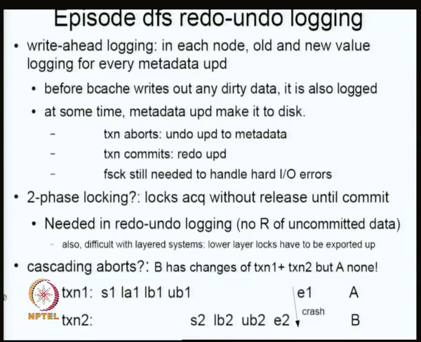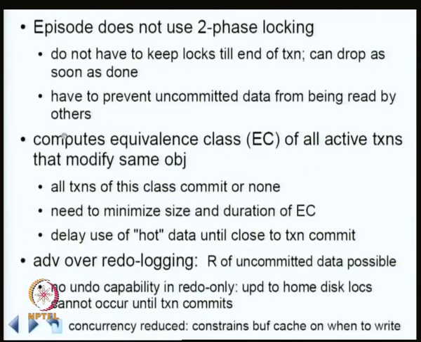Now it turns out Episode does not use two-phase locking, and because you don't have two-phase locking, you don't have to keep logs till the end of the transaction. As long as you're done with it, you can drop it. The reason you can do this is because you have the undo operation.